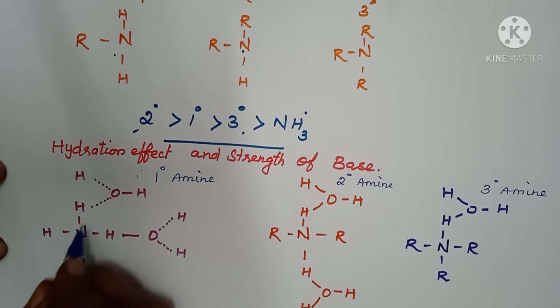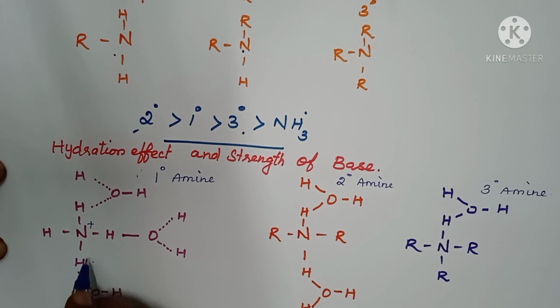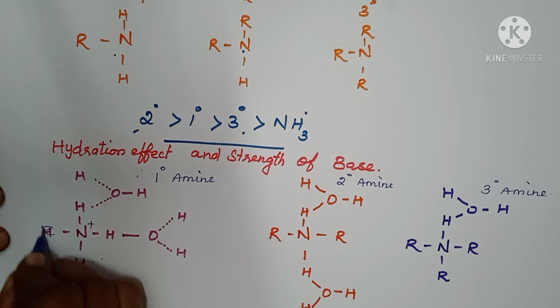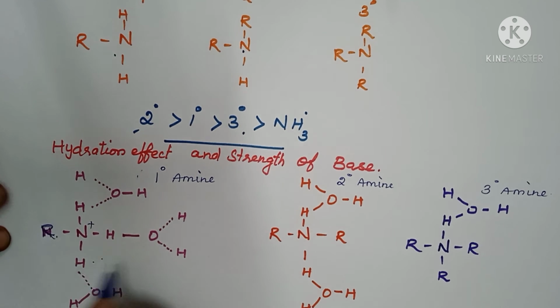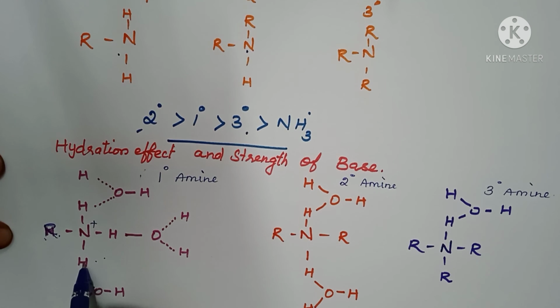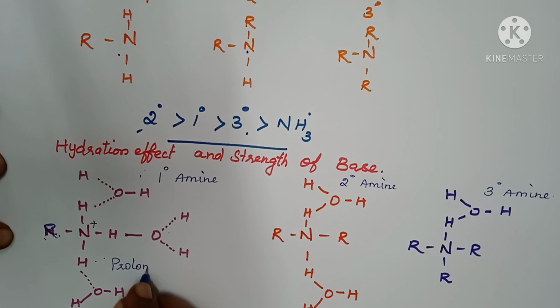Here NH3, and here R, not H, only one R is there. Here you can see the NH2 in this protonated form, with the water molecule attached over there. So it is protonated primary amine.